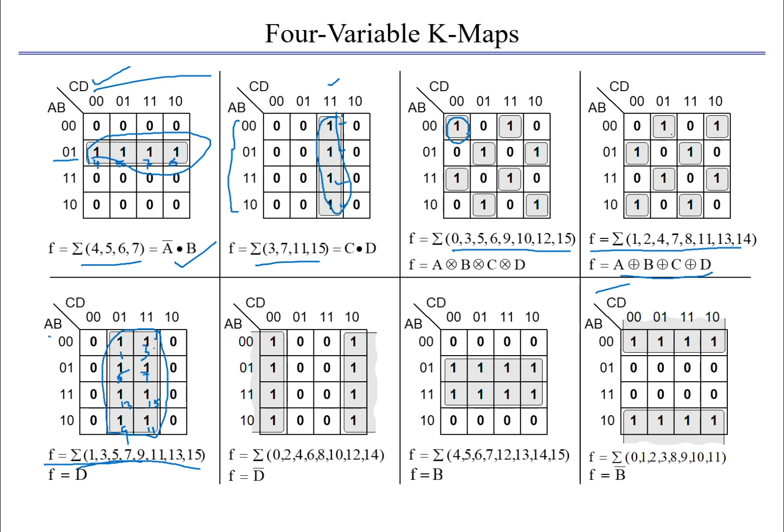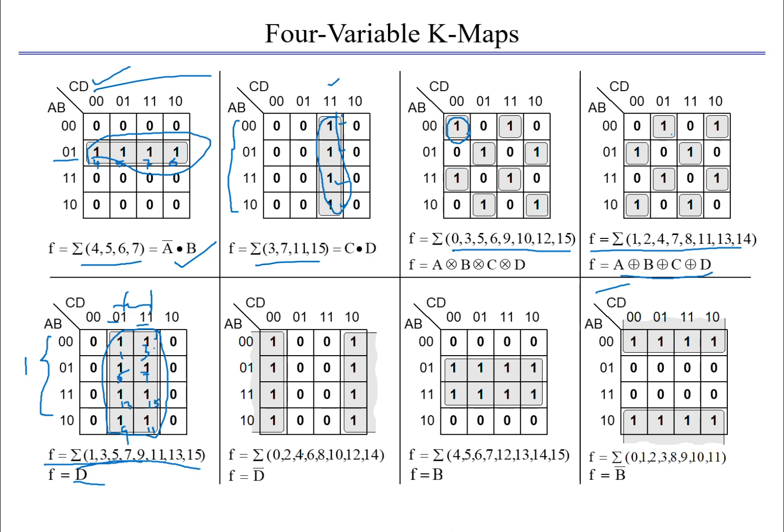If you see here A and B, there are 4 combinations, and now this is turned to 1. Between C and D, these 2 combinations are to be considered. In this case also, C and D are varying between 0 and 1, and only D is in common. As this D is equal to 1, we are writing here D.